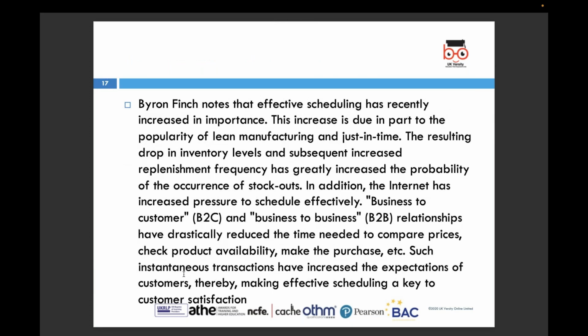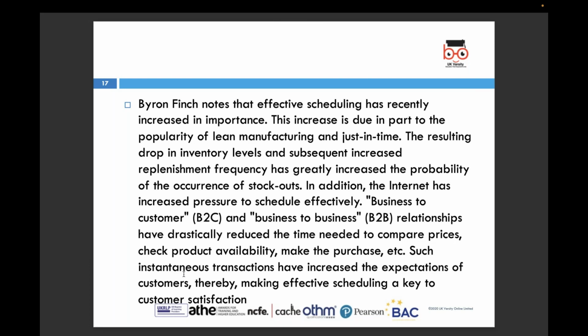Byron Finch notes that effective scheduling has recently increased in importance. So, first and foremost, the rise of lean manufacturing and just-in-time practices has contributed significantly to the increased emphasis on scheduling.